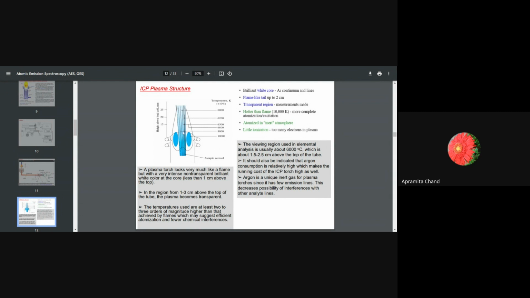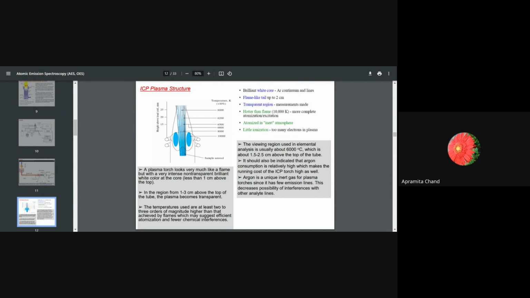Then there is a flame-like tail, and a transparent region at the very top. The measurements are made in the transparent region, and it is hotter than a flame, almost 10,000 Kelvin. The viewing region is around 6,000 degrees Celsius, about 1.5 to 2.5 centimeters above the top of the tube.